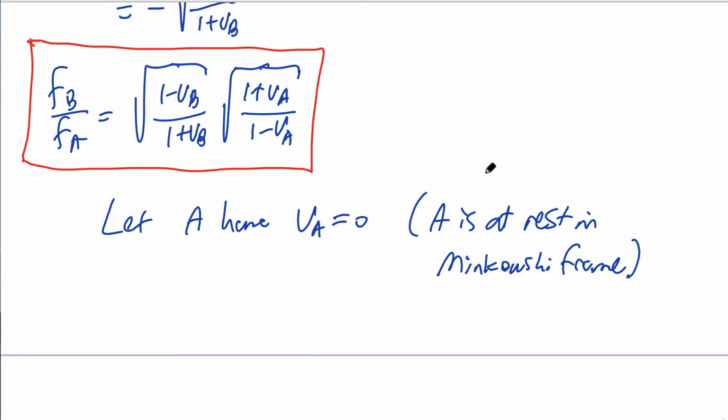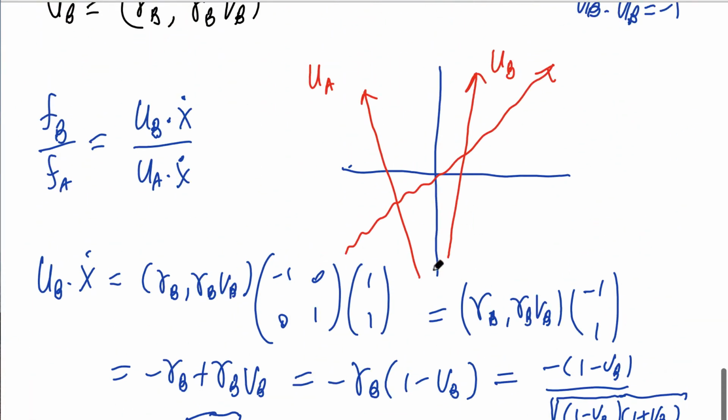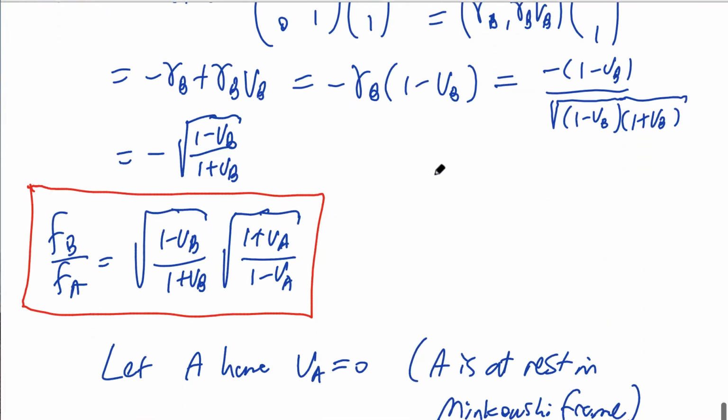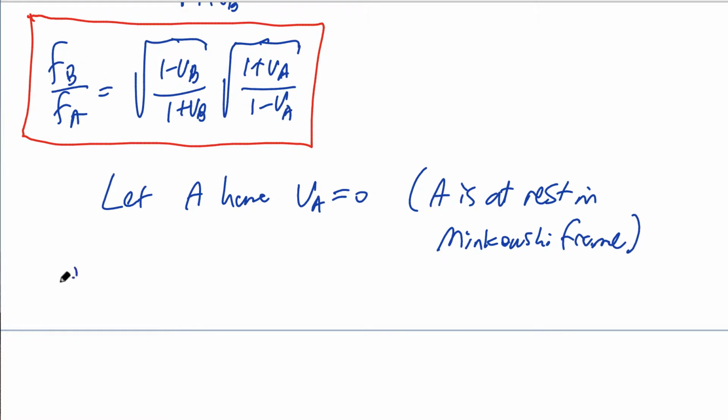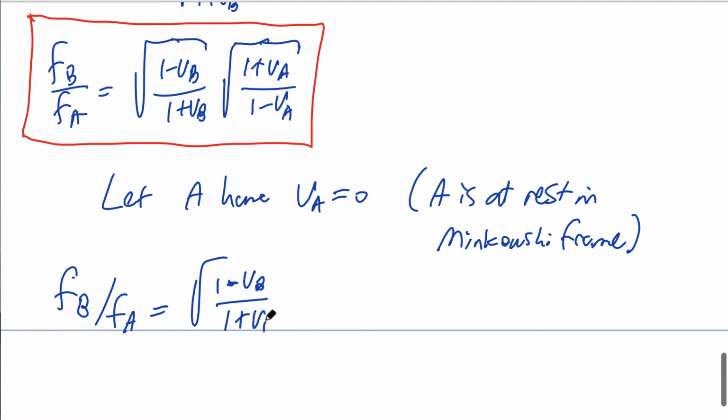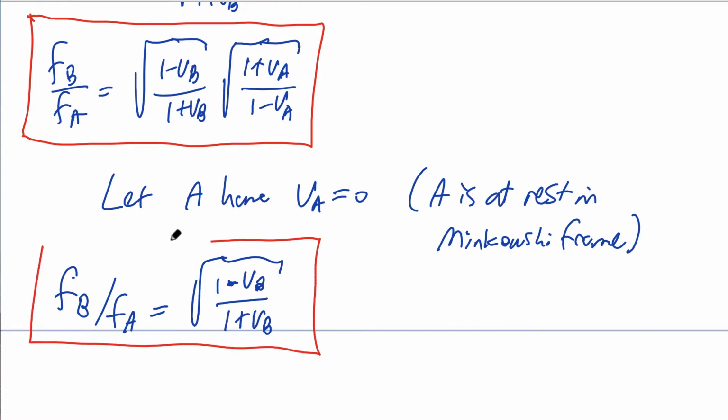So in our picture, the observer A is just moving right along the t-axis. All right, in that case, with VA equal to 0, we have FB over FA is equal to the square root of 1 minus VB over 1 plus VB. And now this is, or should be, familiar as the special relativistic Doppler shift.